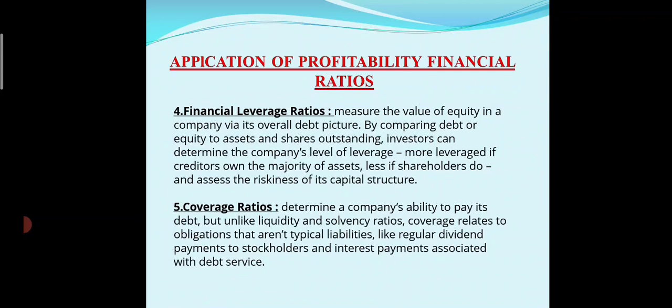These measure the value of equity in a company via its overall debt picture. By comparing debt or equity to assets and shares outstanding, investors can determine the company's level of leverage. There is more leverage if creditors own the majority of assets, less if shareholders do, and it assesses the riskiness of its capital structure.